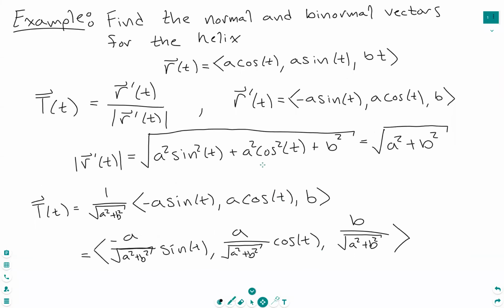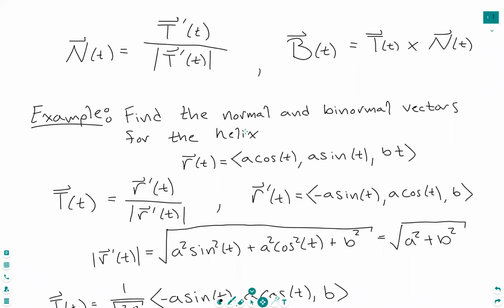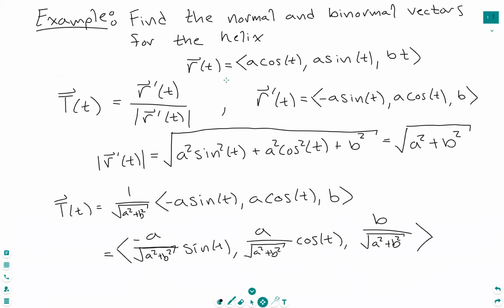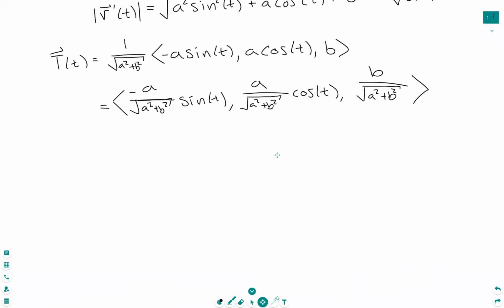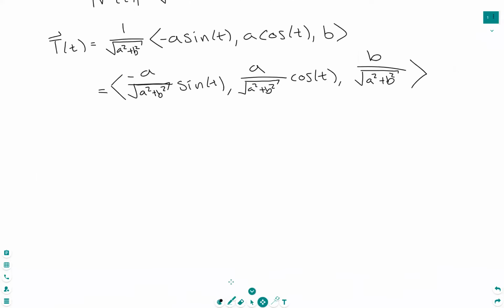So now to find the normal, let's go back up to our definition. The normal was the derivative of the unit tangent divided by the magnitude of that derivative. So let's look at the derivative. We have the unit tangent prime of t.